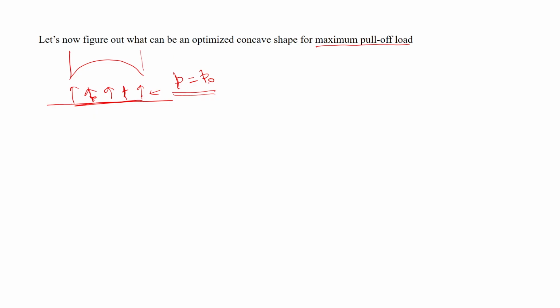Now, what is that situation in which case this P becomes equal to P0? That we have studied earlier in some previous lecture, in which we considered an axisymmetric load on an elastic half space in frictionless contact, and we considered that P is equal to P0 all through this contact area. We obtained what is known as this ellipsoidal profile.